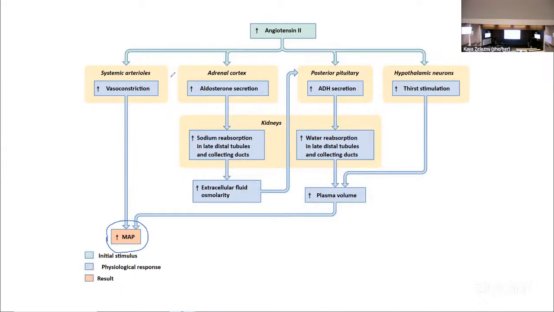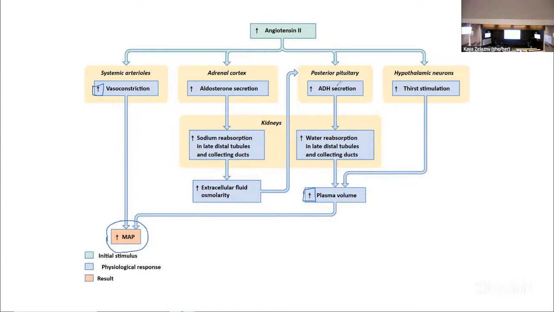So angiotensin 2 does do that, increasing resistance to increase mean arterial pressure. I'm going to jump to the bottom corner here before we do this complex bit in the middle. Another way that we can increase blood pressure is to increase plasma volume, so increase the amount of fluid.